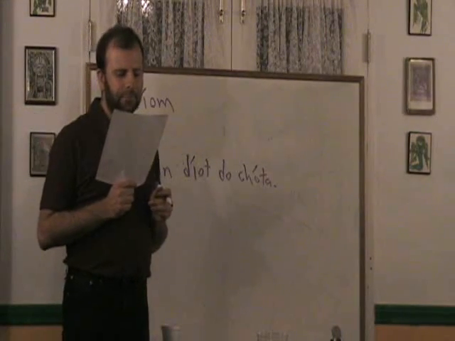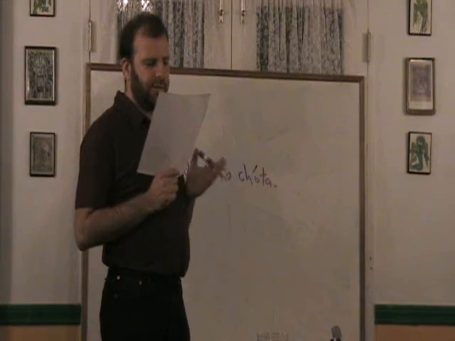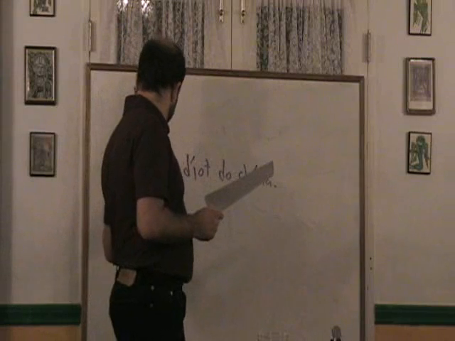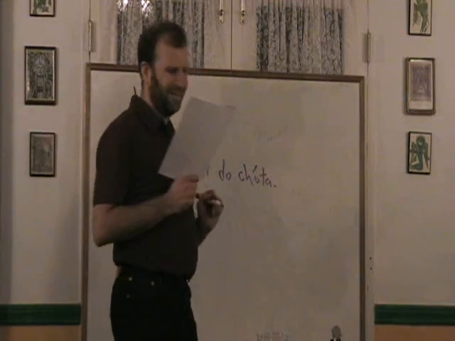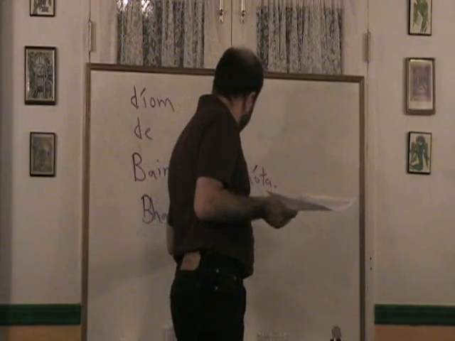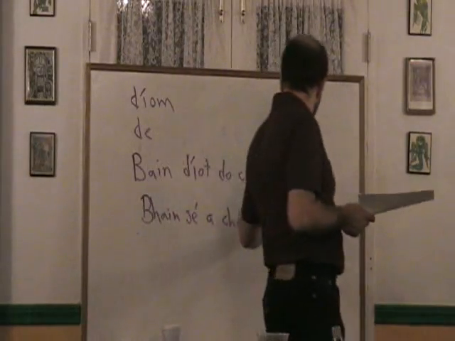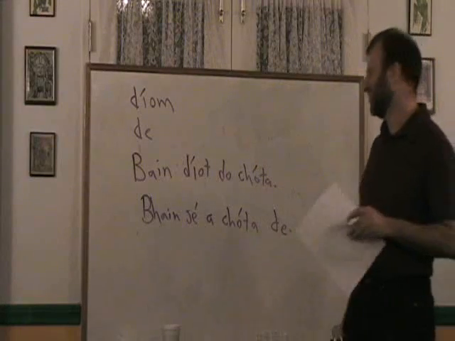How would you say he took off his coat? One she achota. How about from him? That's where, until you know them, you need the little chart to refer to.